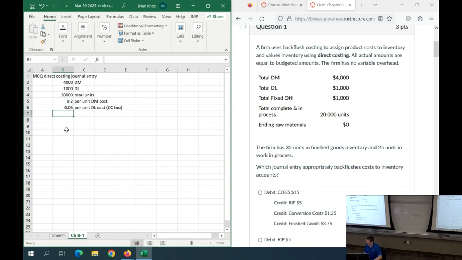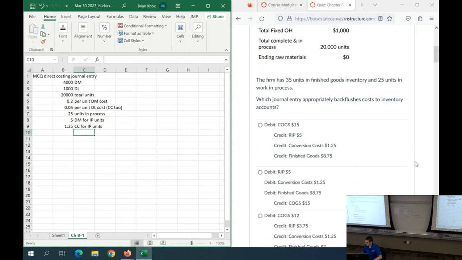Okay, so we can take our 25 units in process and we can charge them direct material for in-process units, and we can charge them conversion costs for in-process units. And those two match.